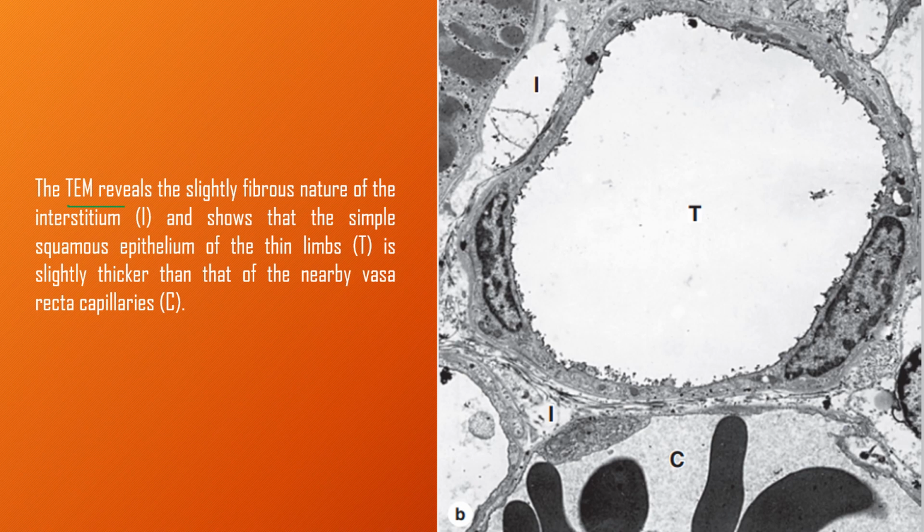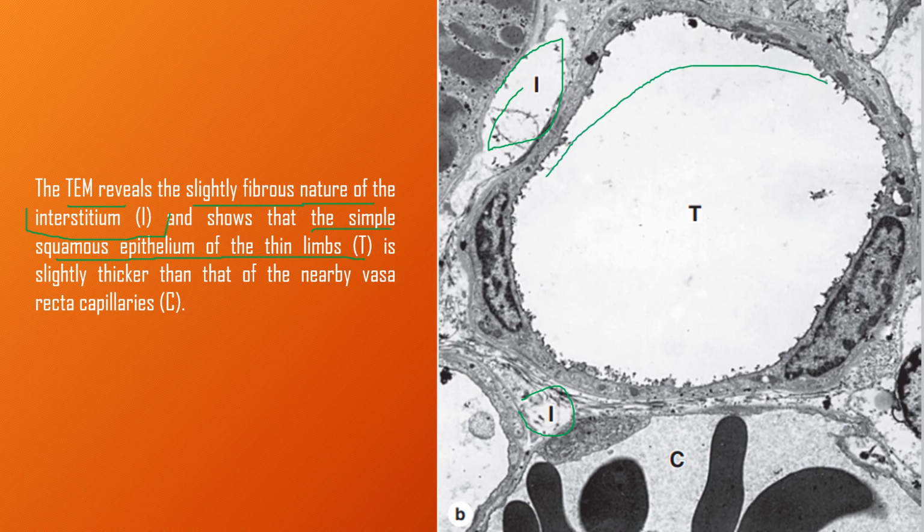The TEM reveals the slightly fibrous nature of the interstitium. This is the interstitium, which is fibrous in nature. This is the interstitium that shows the simple squamous epithelium of thin limbs.